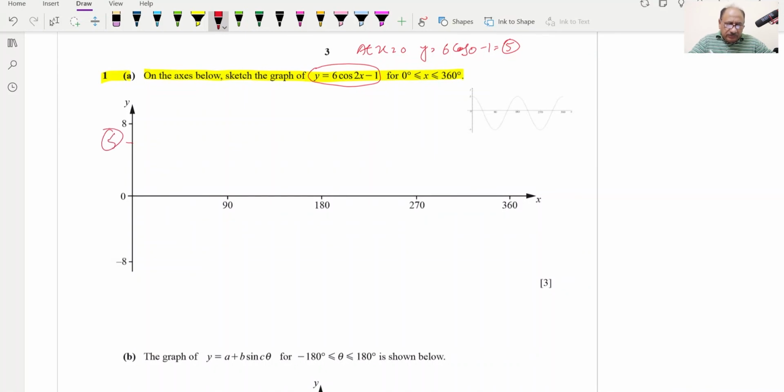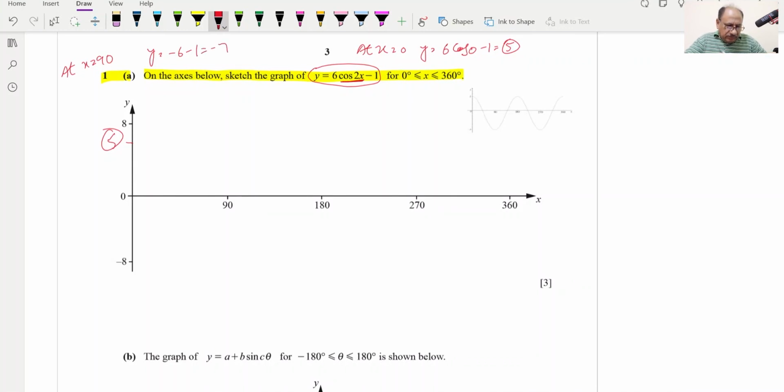Now we can check for 90. If we take x as 90, our equation will be y equal to, at x equal to 90, cos 2x, so cos 180 will be minus 1. So y will be equal to minus 6 minus 1, and this will be equal to minus 7.